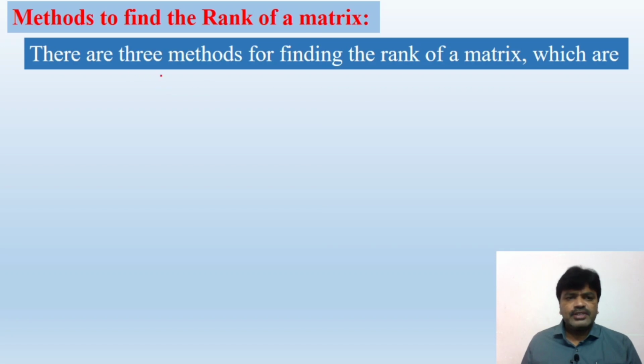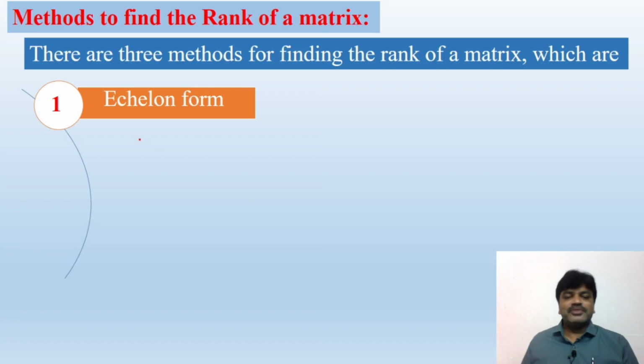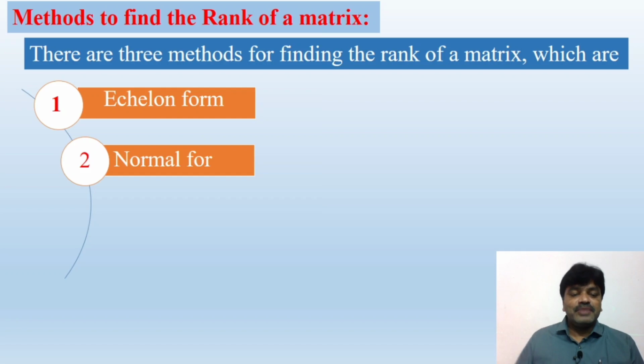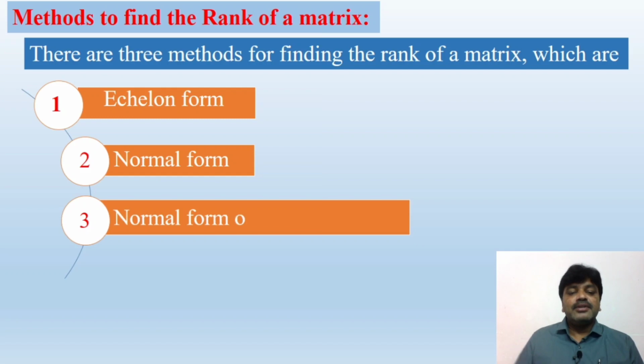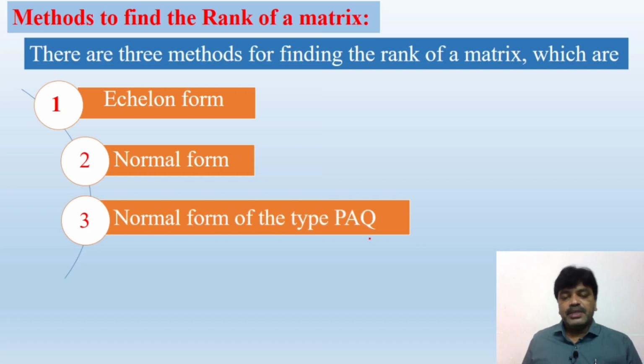The first one is echelon form, the second one is normal form, and the third one is normal form of the type PAQ.